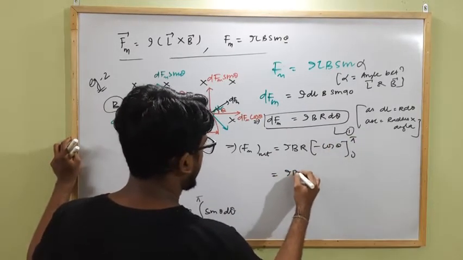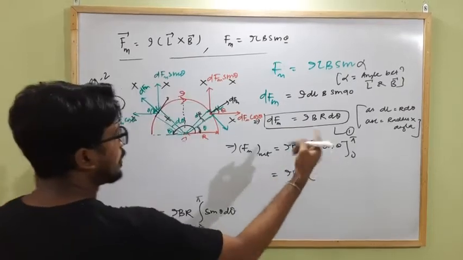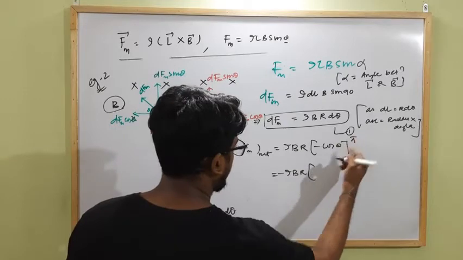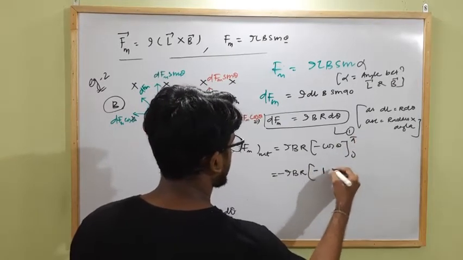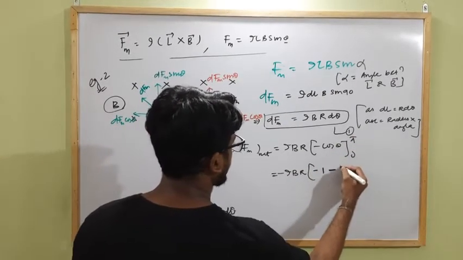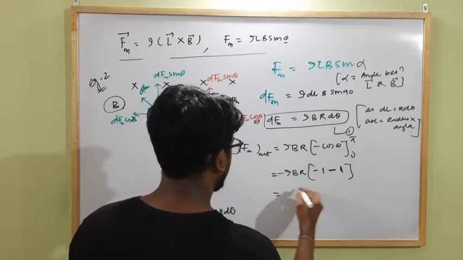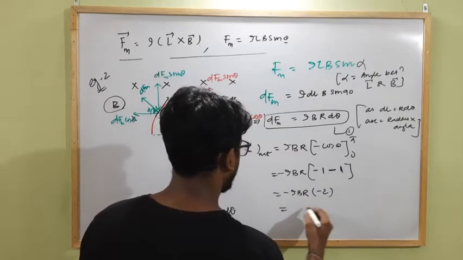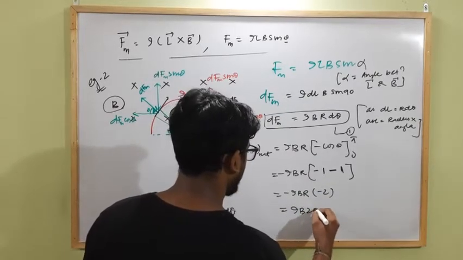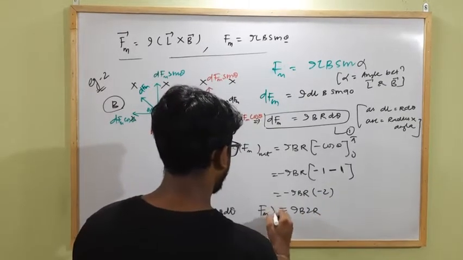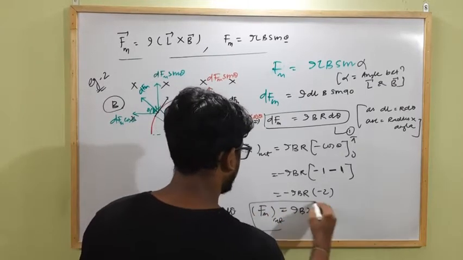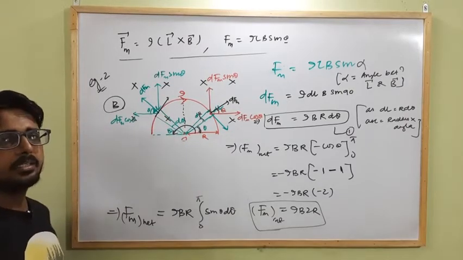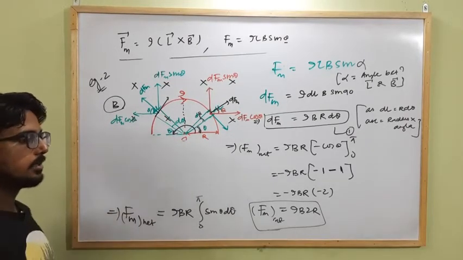So this will become IBR into minus, taking out, cos pi minus cos 0, that is minus 1 minus 1. So this will be how much? Minus IBR into minus 2, or this can be written as IB2R equal to F_m net. So this is the expression for the net magnetic force acting on this current carrying segment of radius R.